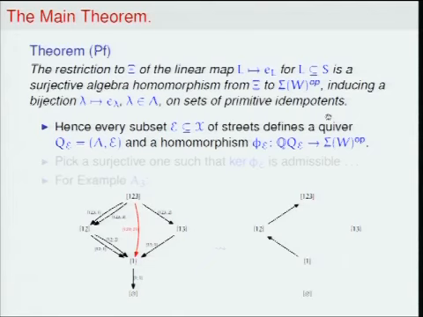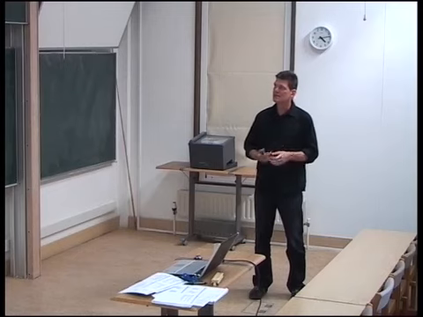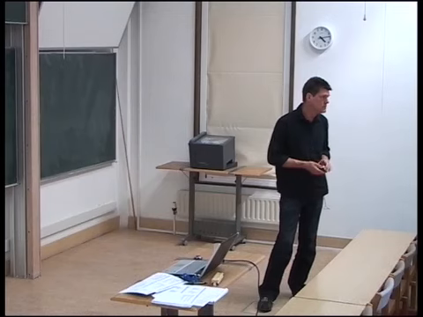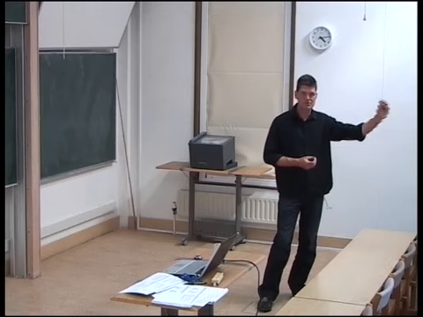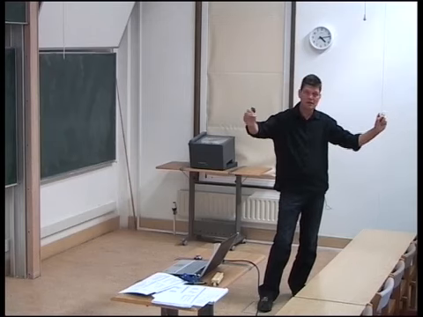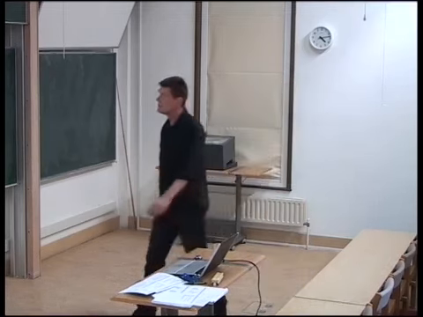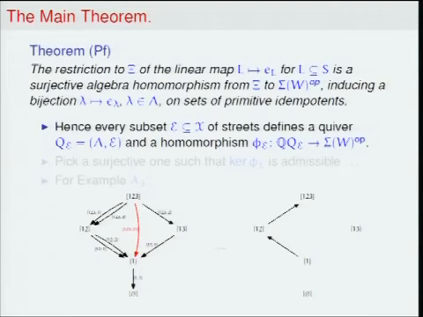that now every subset curly E of streets defines a quiver in which the elements of this subset, which are attached to unique starting and ending vertices, serve as the edges of the quiver, and also a homomorphism through this map which identifies each edge with an element of the descent algebra, or its opposite.